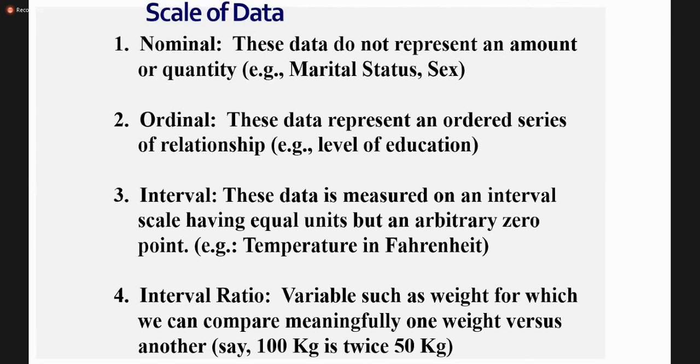Zero means nothing exists. It exists, but cannot be recorded on the Fahrenheit scale. It can be recorded on any other scale, such as the absolute or Kelvin scale. And ratio scale variables are the true variables which have a meaningful zero, such as weight or height.